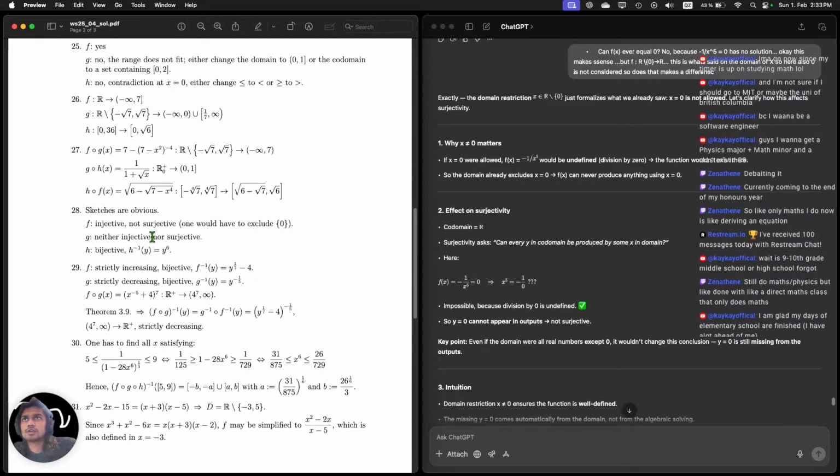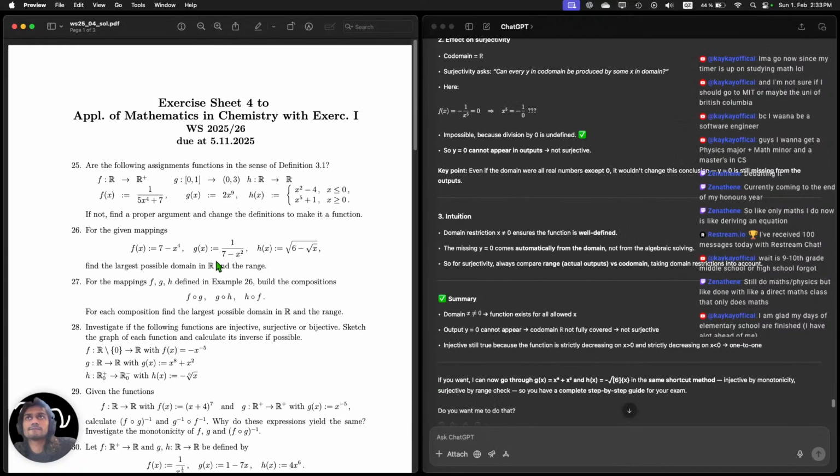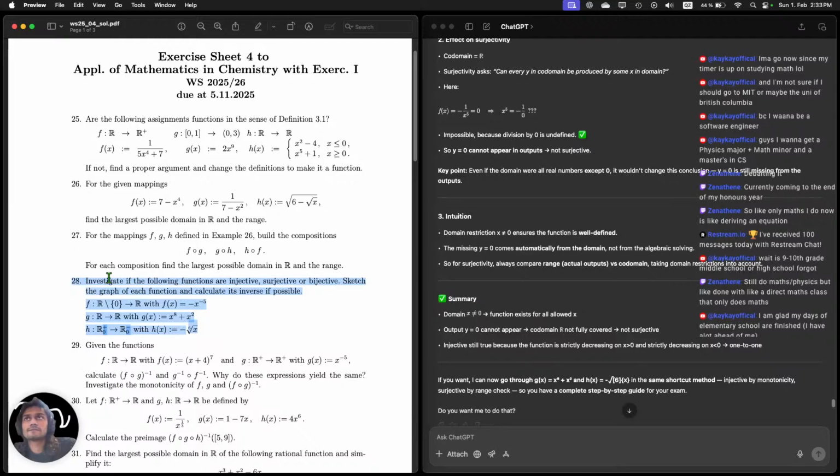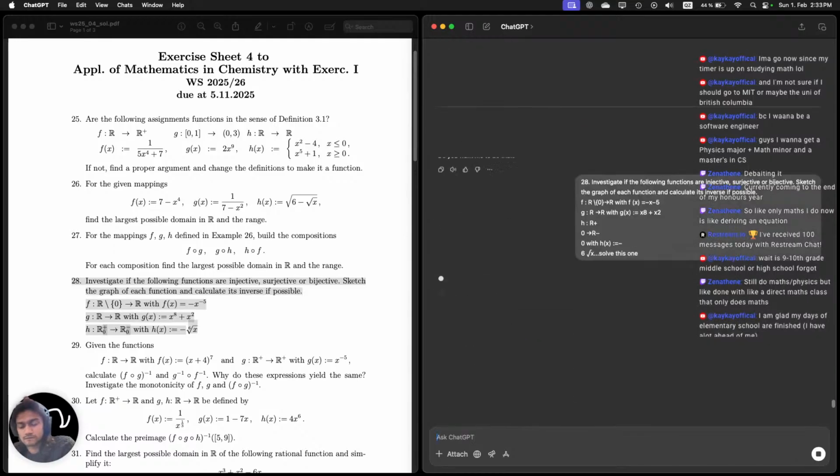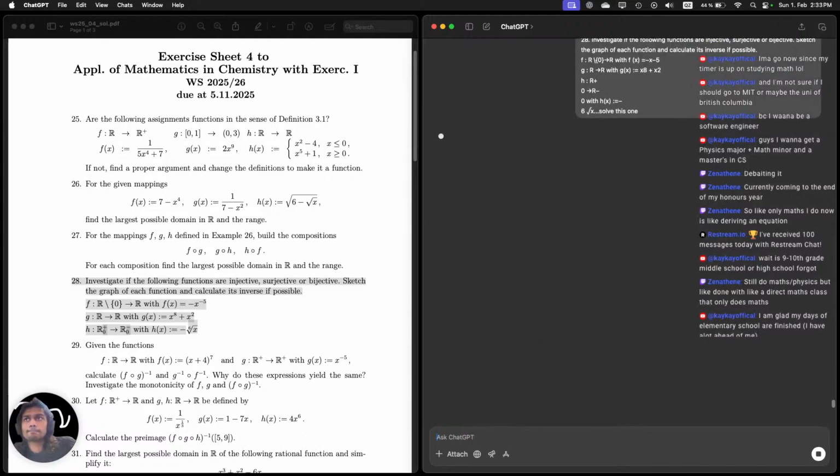Injective, not surjective. Neither injective nor surjective was. No, I got it is surjective.